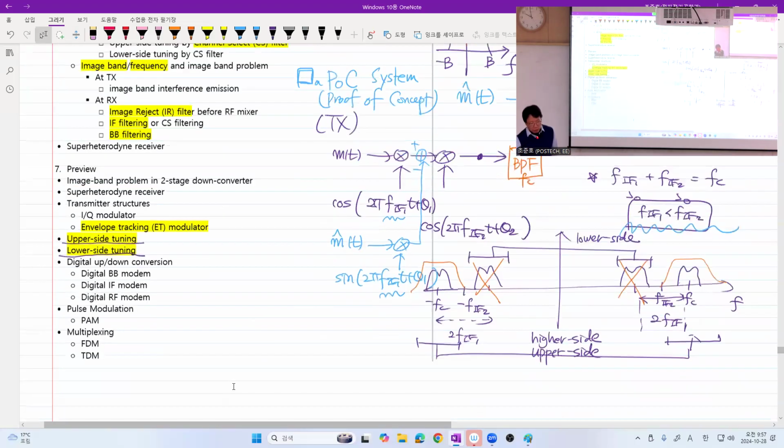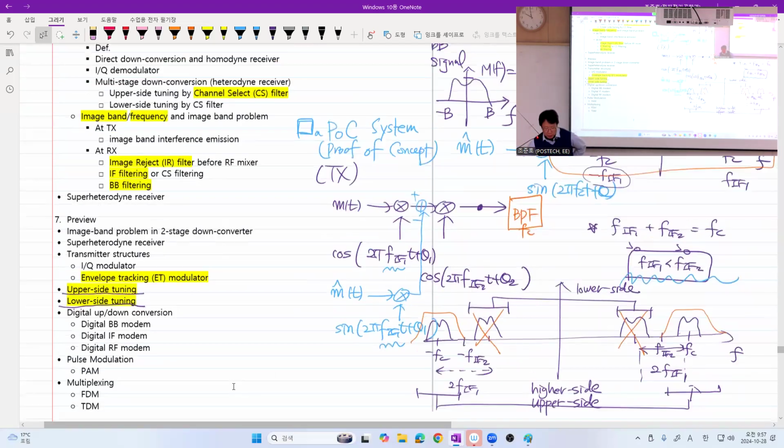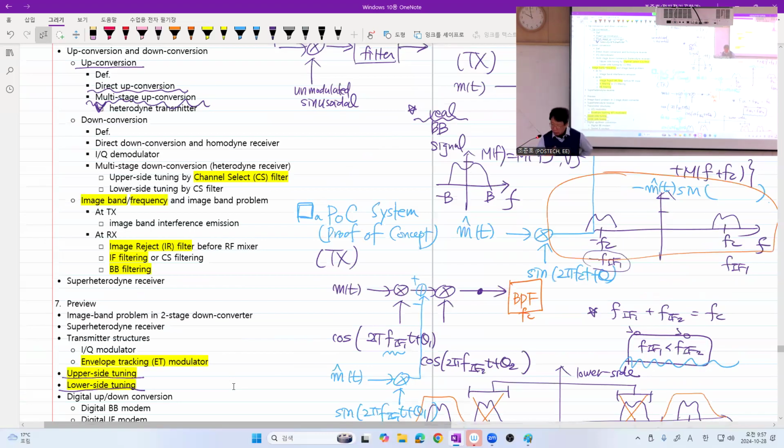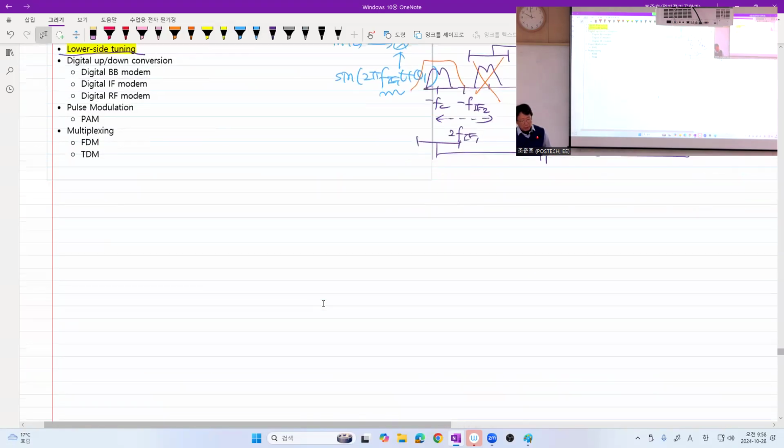So let's focus on the receiver. Where are we? We are here. We've done this so far. In the receiver, we have to down convert the signal, from a real valued passband signal to a real valued, possibly baseband signal, to extract our message.